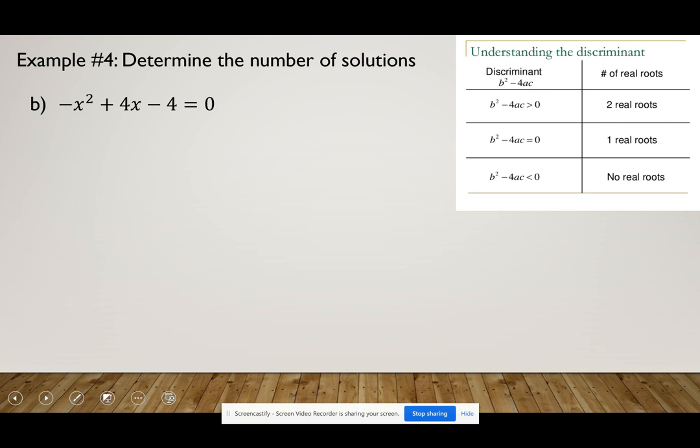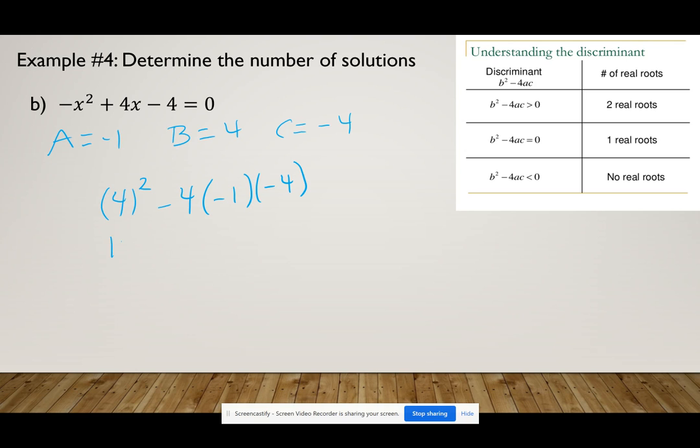Okay, and this one, same thing. It's already in standard form. A equals -1, B equals 4, and C equals -4. Okay, so if I substitute everything into b squared minus 4ac, I have 4 squared minus 4 times -1 times -4.